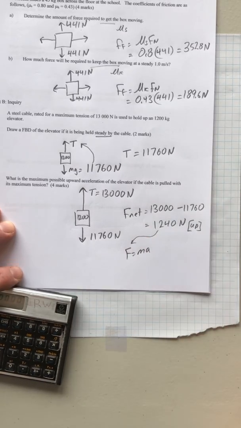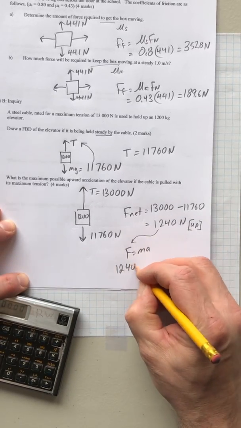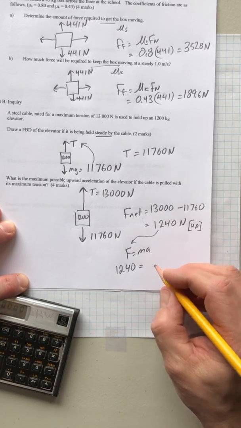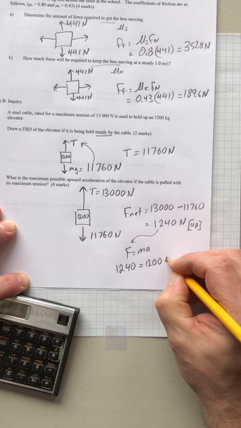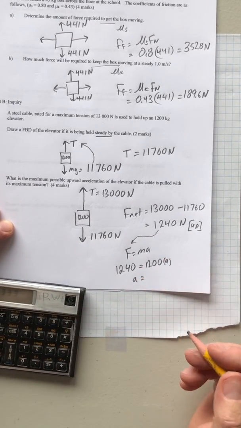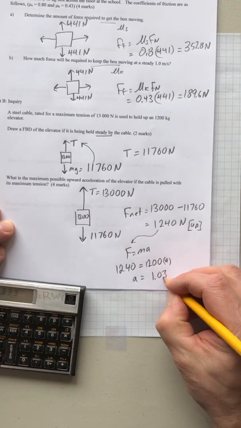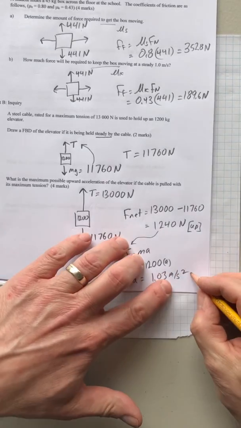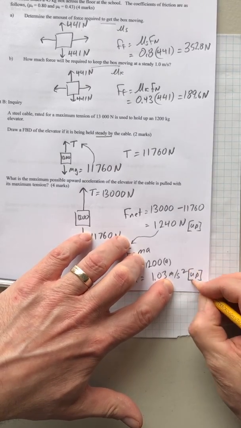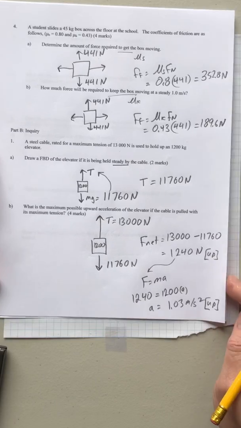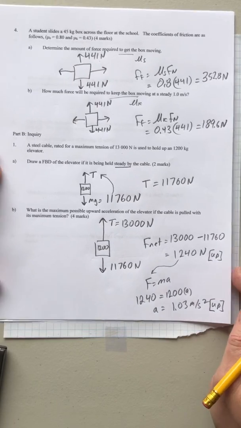So we have the net force now, and it's 1,200 kilograms. It's 1.03. Okay, that would be the acceleration of the elevator. Oh, I don't want to lose a mark. It's a vector. You have to tell me which way it's going. Is that elevator going up or down? It's up. Okay.